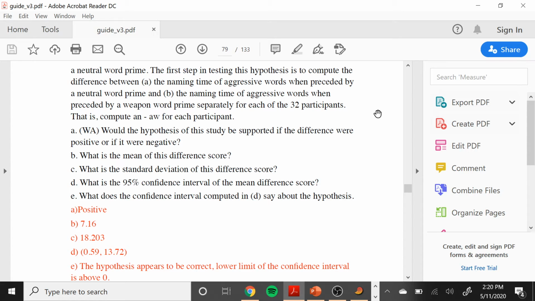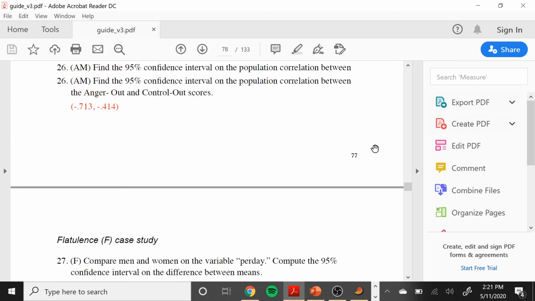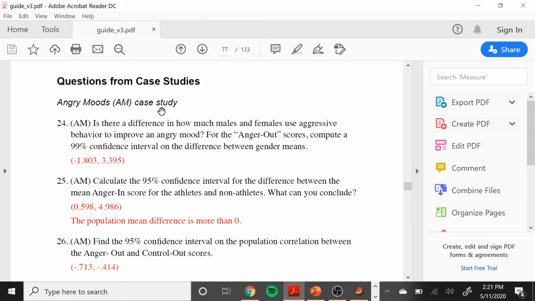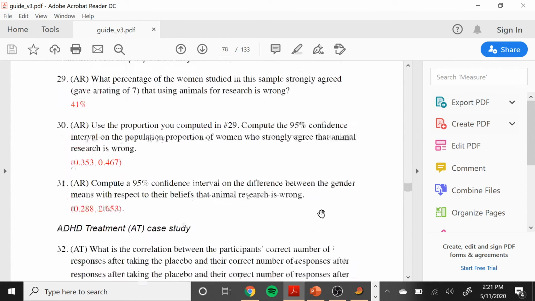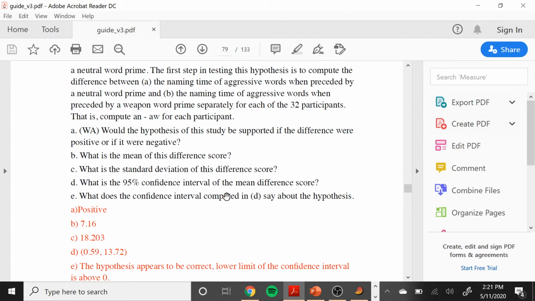You may remember when I showed you an example up here, we worked with one of these angry mood case studies, and we compared girls and boys, and then we generated a difference between means. That is not what this question is asking for. What this question is asking for, you've got a single mean, and we want to generate a confidence interval for that single mean.